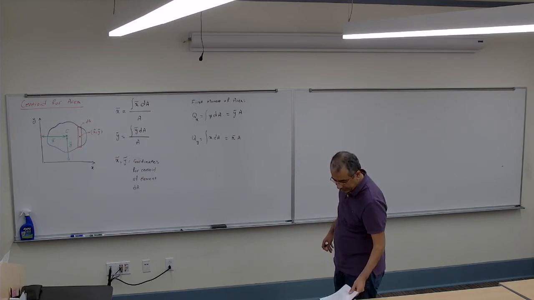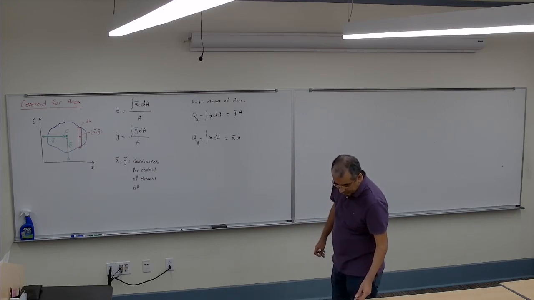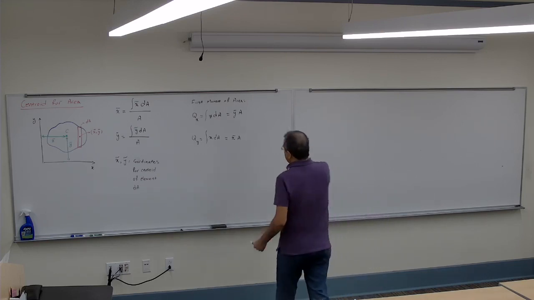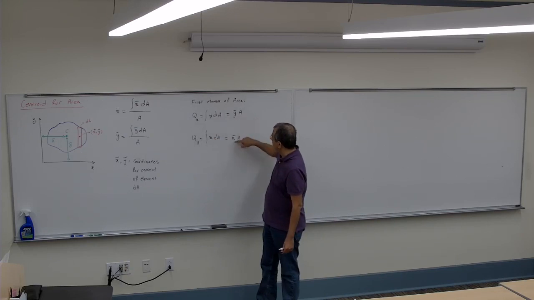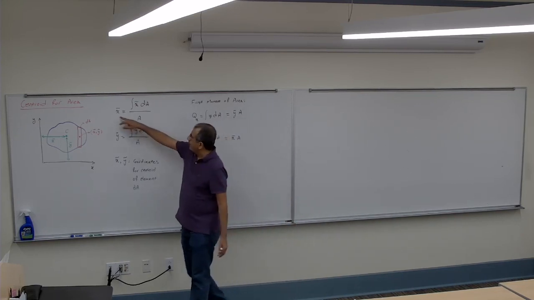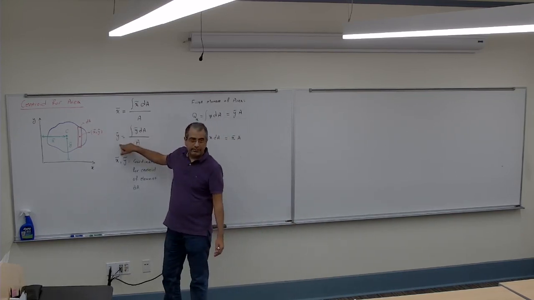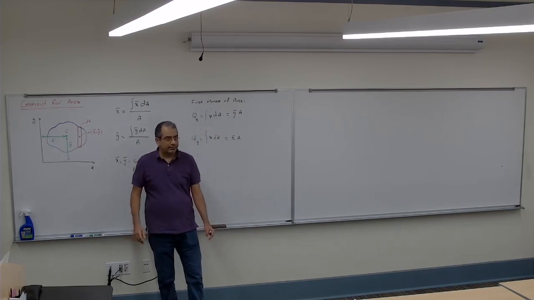When we get there, what we have to do is find the centroid and then multiply it by the area.